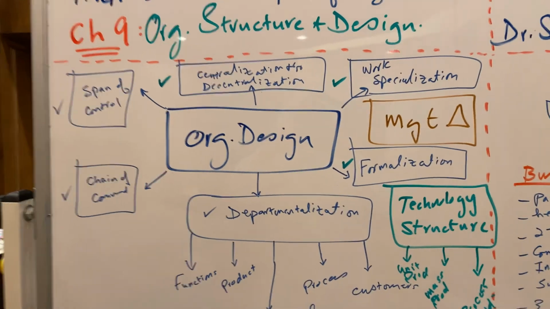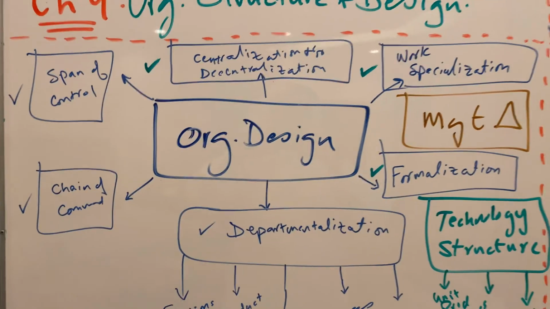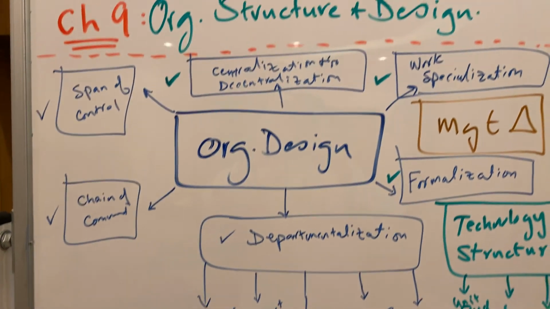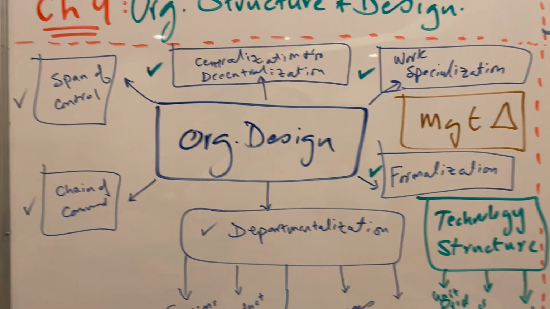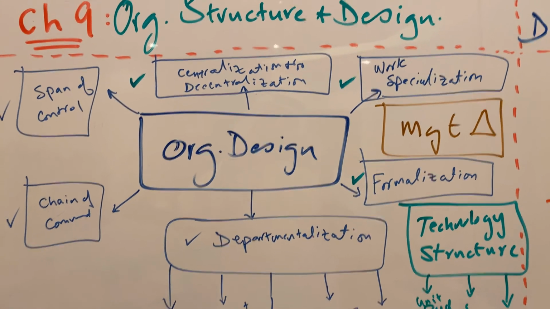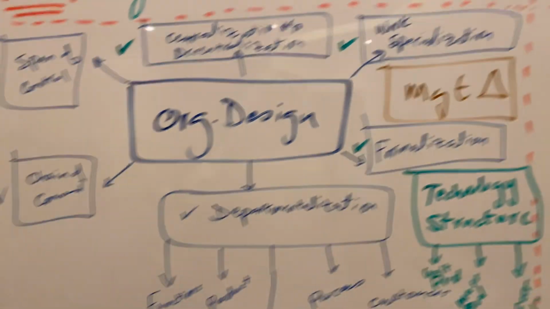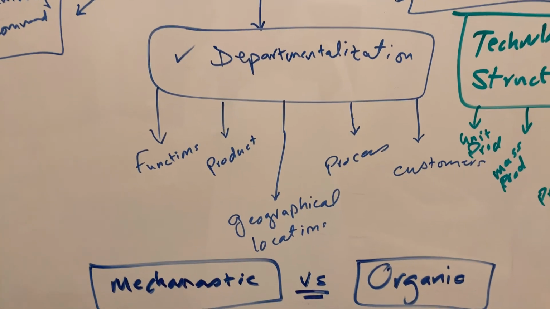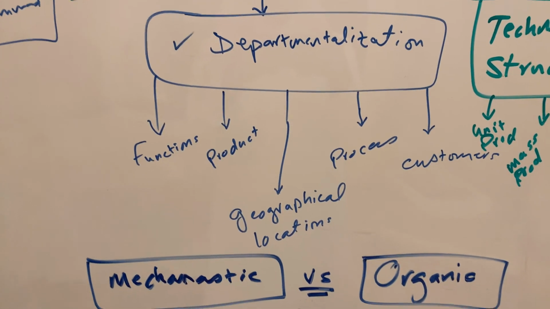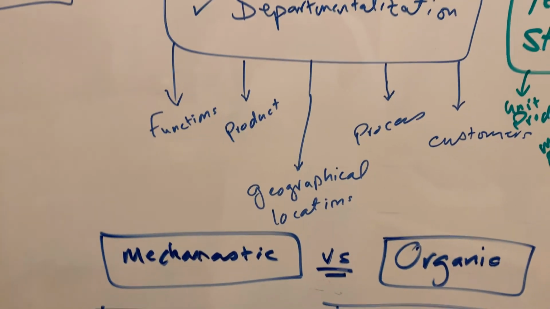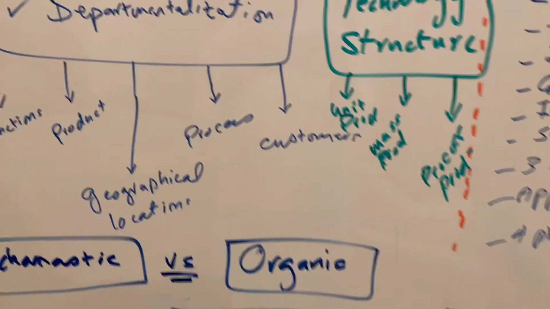And this is organizational design. We have 5 factors that affect organizational design: span of control, chain of command, centralization versus decentralization, work specialization, departmentalization, formalization. And departmentalization also could be divided into 5 types or categories: departmentalization according to function, product, geographical location, process, and customer.